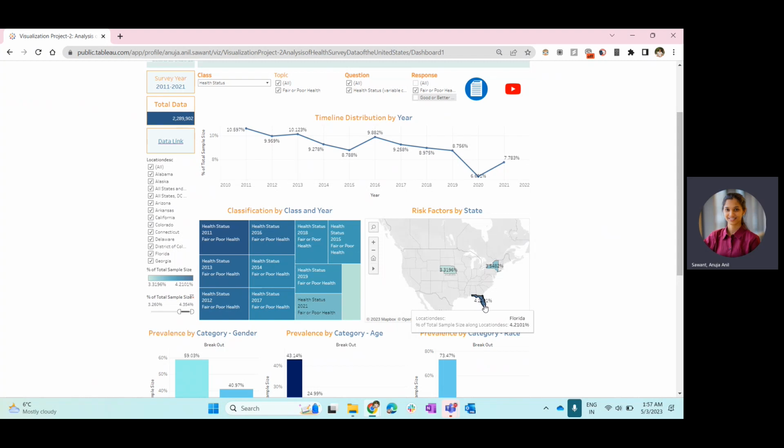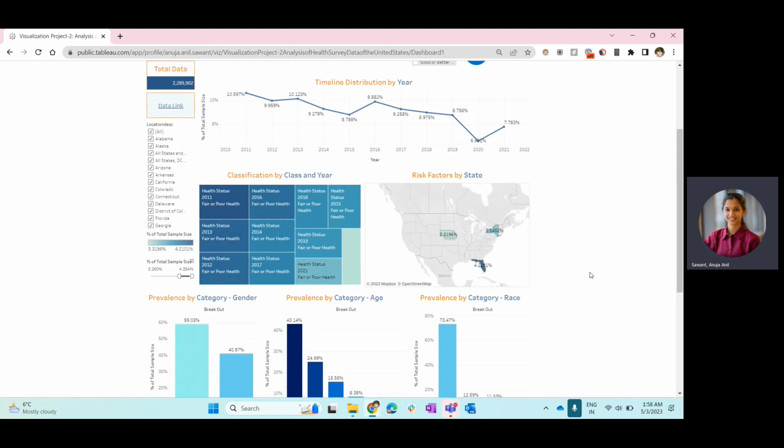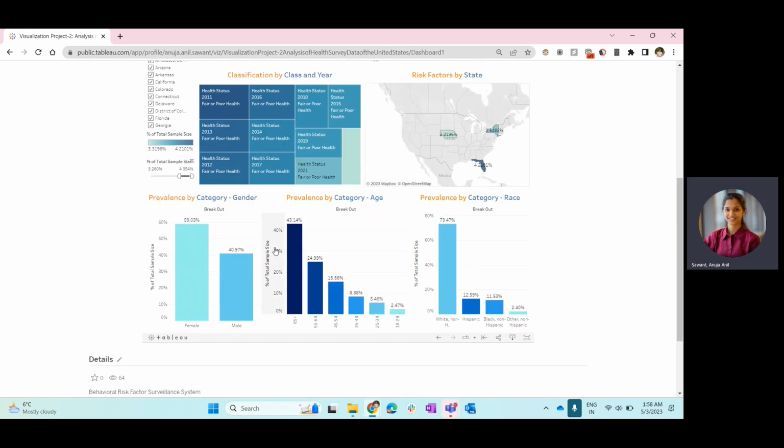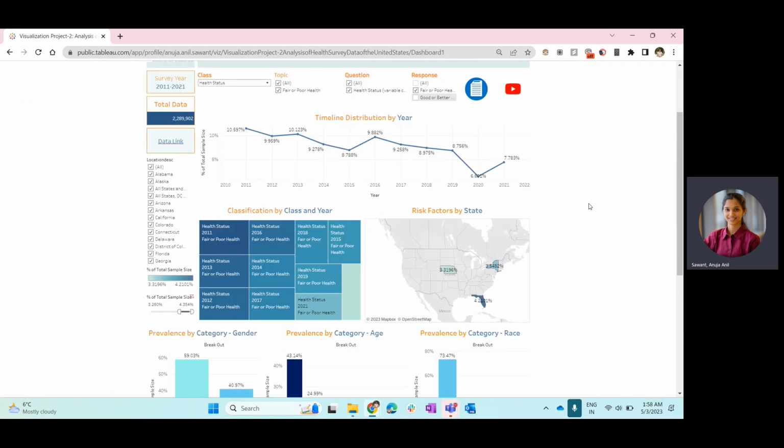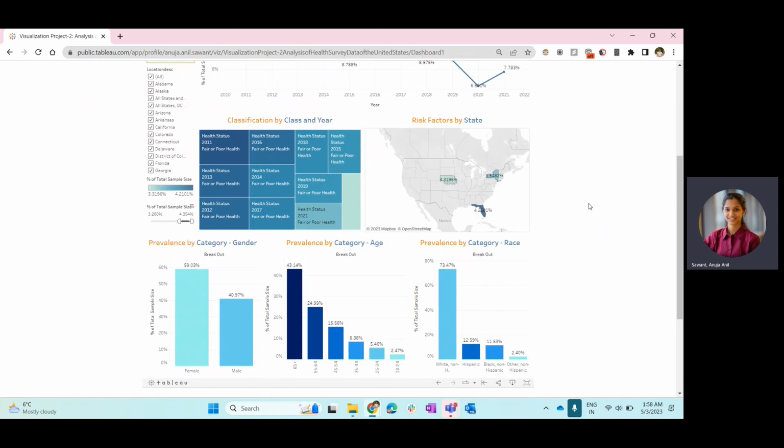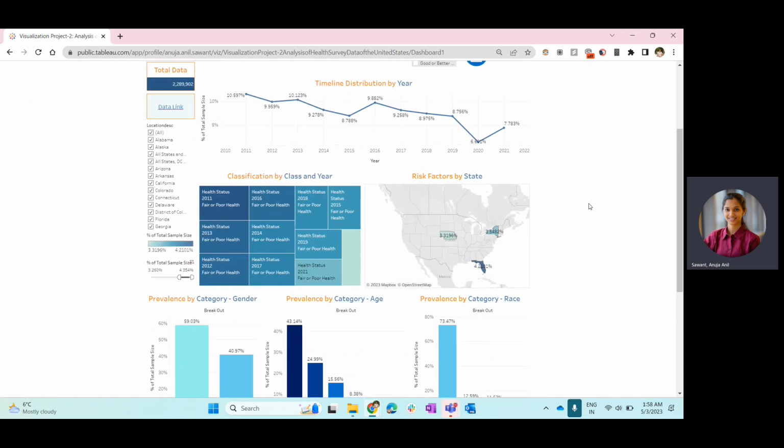But we did not notice high alcohol consumption in Florida, though we did in New York. So we can say that though there are the highest drinkers in New York, their health status is also poor. And under the age group, we can see 65 plus is the one with poor health. That may be because of age as well as alcohol consumption.